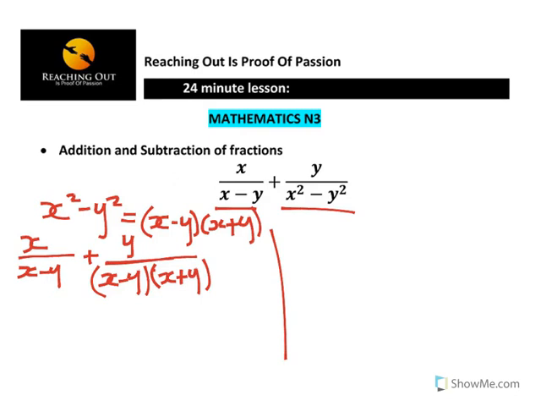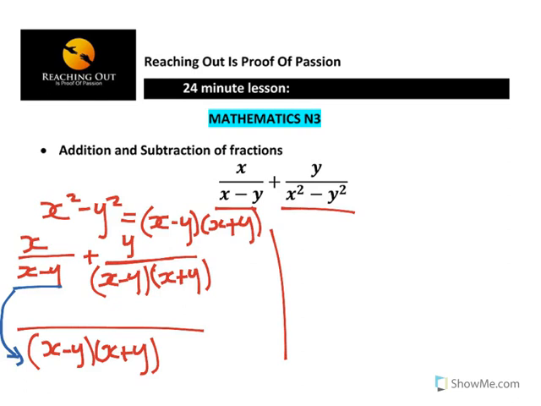Now you can see that the common denominator is x minus y and x plus y. The first fraction has denominator x minus y, so x minus y into the denominator x minus y, x plus y will cancel out the x minus y. You are going to remain with x multiplying the remaining one, which is x plus y.